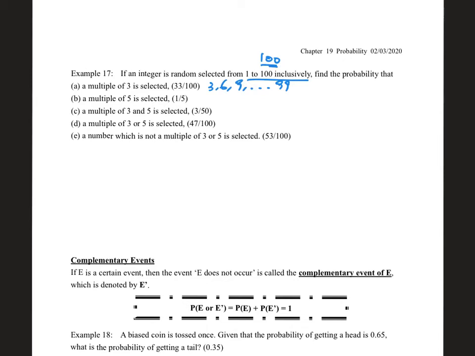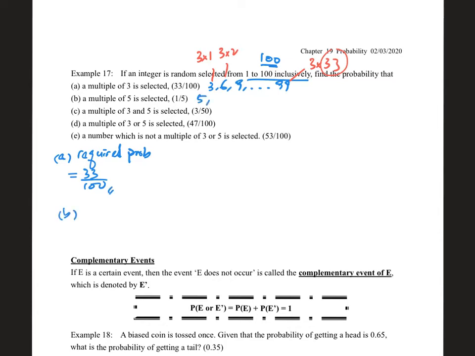You can find your own way to count it, or it's 3 times 1, 3 times 2 for 6, until 3 times 33. So there are 33 multiples of 3. Part A hopefully is easy. The required probability will be 33 numbers out of 100, where 100 is the total.